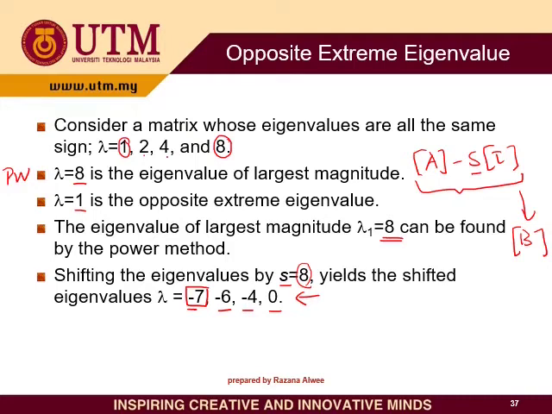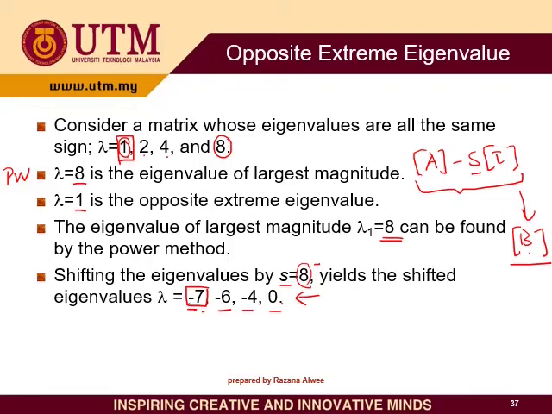So actually, if you do matrix B here after the shifting, which we have done here, we minus 8, so we have got our B. The matrix here will find the largest eigenvalue, which is 7. You will find this 7 here. And if you see, 7 here is actually finding the opposite extreme value, which is 1. 8 now is 0 and the largest one is 1.